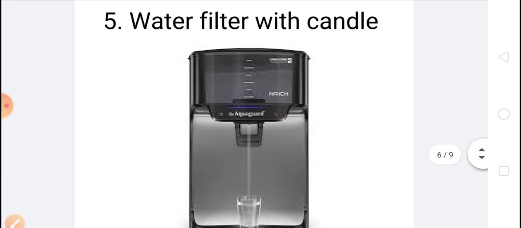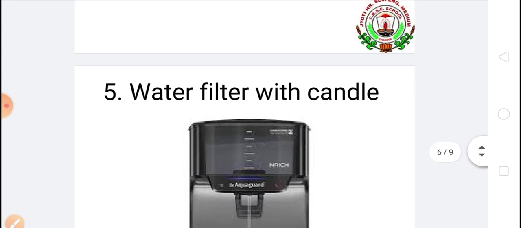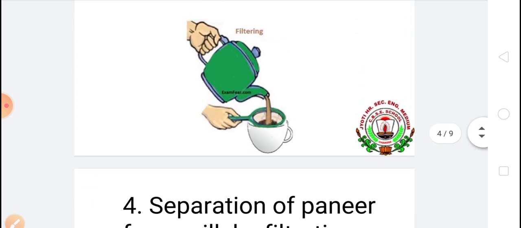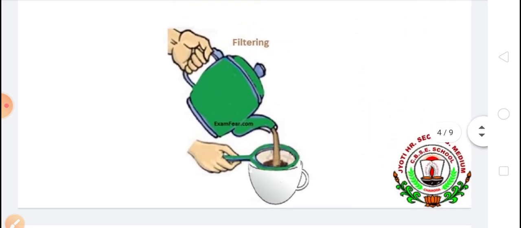We see many types of filters in our homes. The filtration process is also used to filter tea leaves by using a strainer as a filter.